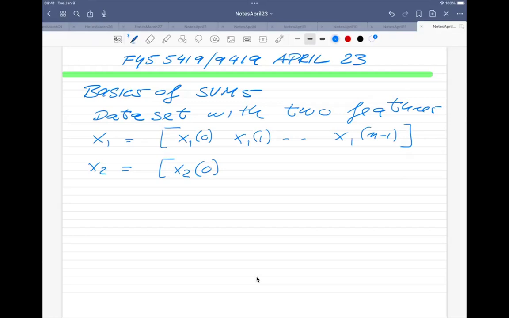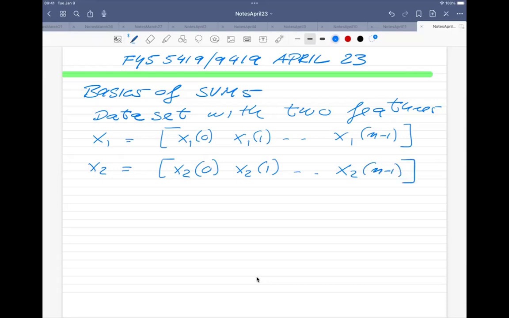If you're doing tumor research or cancer research, this could be the thickness of the cancer. That's one feature, and another feature could be the circumference of a tumor, just to give you an example here. So this would be a set of elements in these vectors, which are the specific features being observed for a given set of patients.